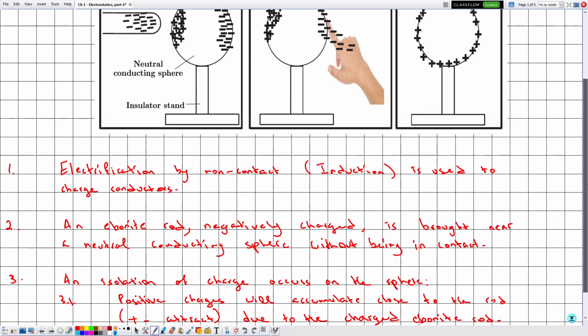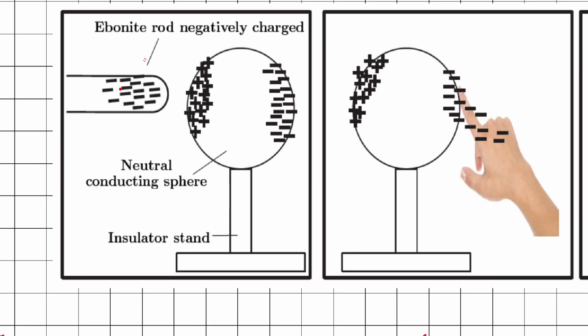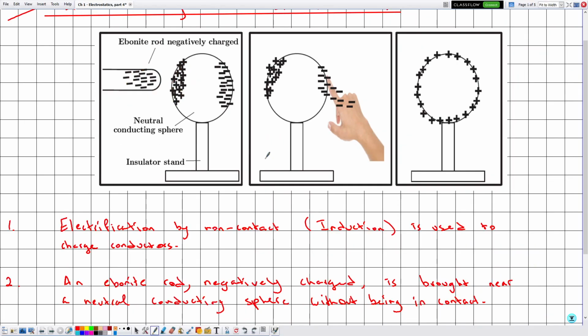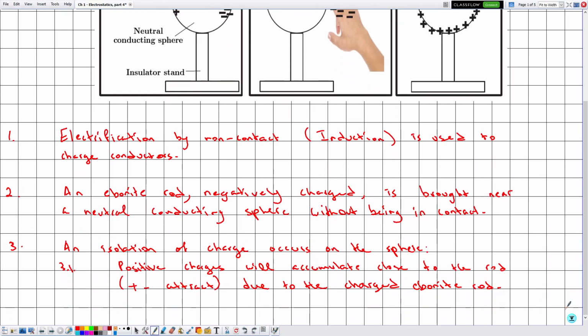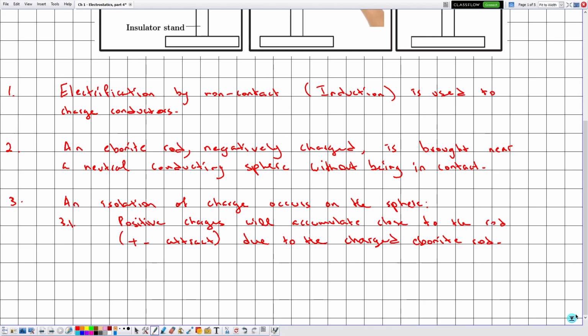Now let me explain this again: because this is negatively charged, the positive charges will accumulate close to this negatively charged rod.